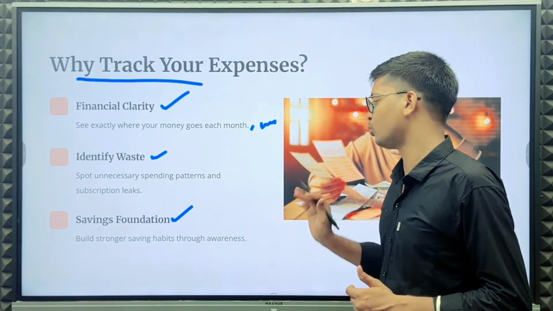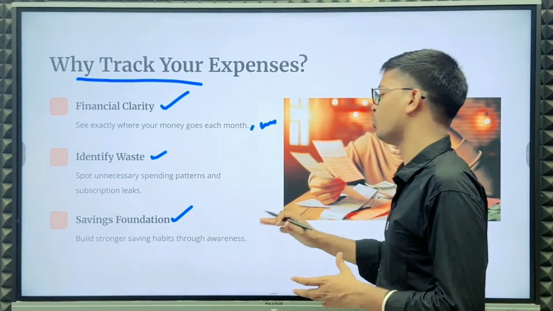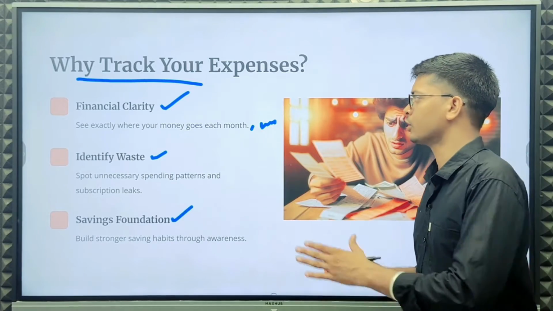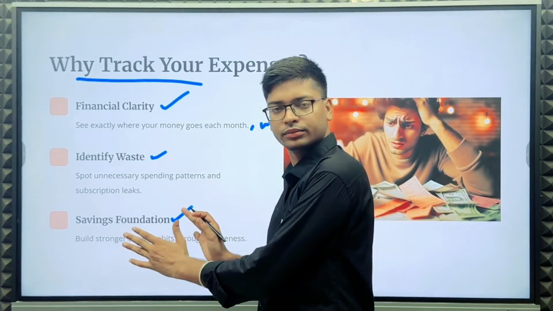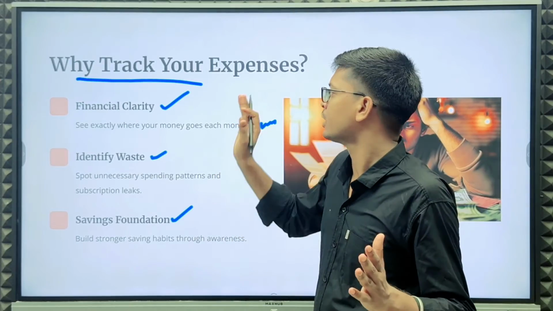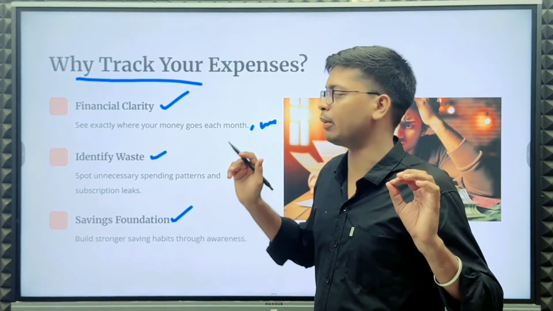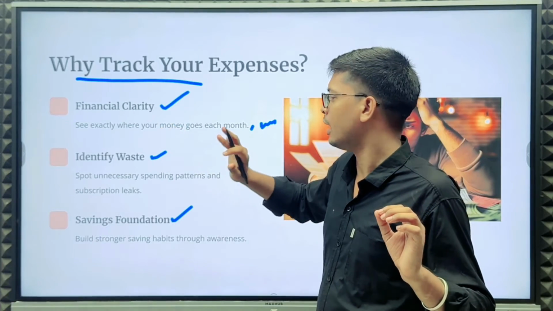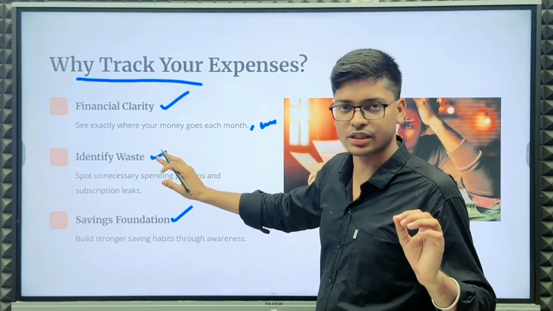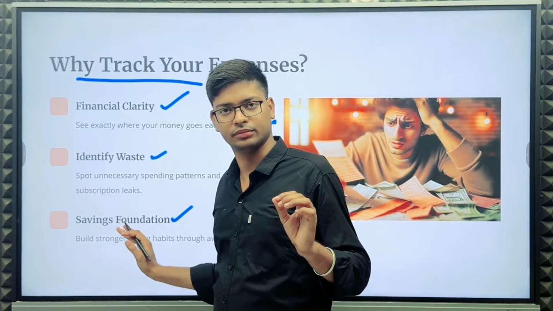Okay, so you build up the strongest foundation of awareness. Now you understand why tracking gives you results. First of all, we need expense clarity and to identify waste, which is the serious foundation.